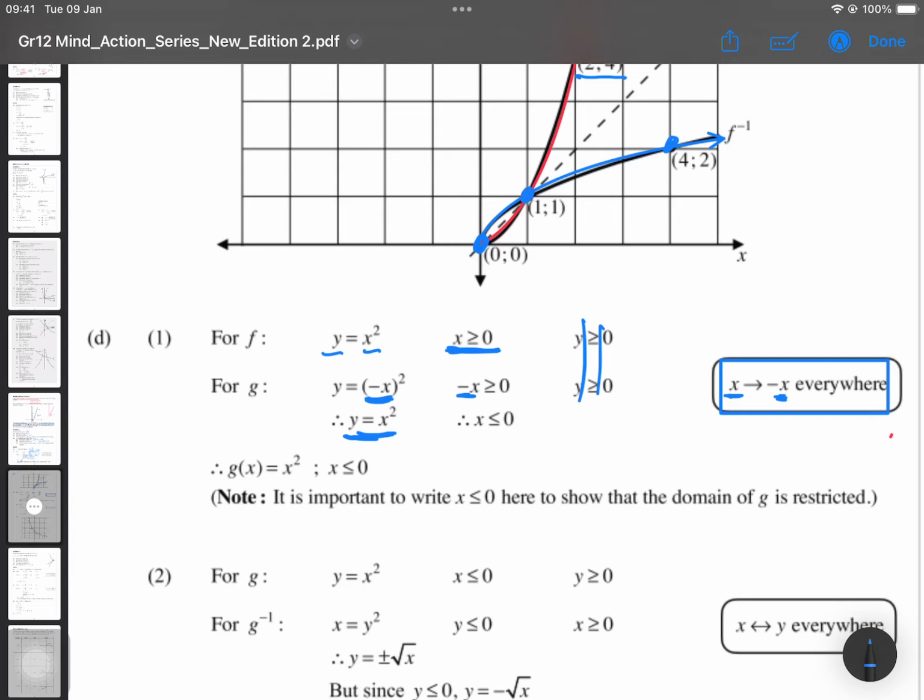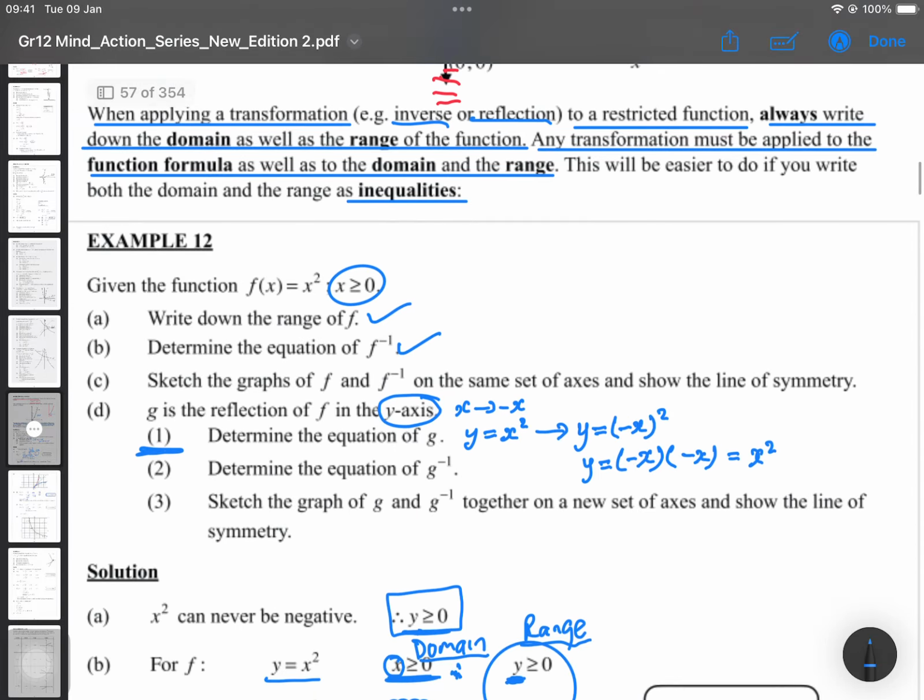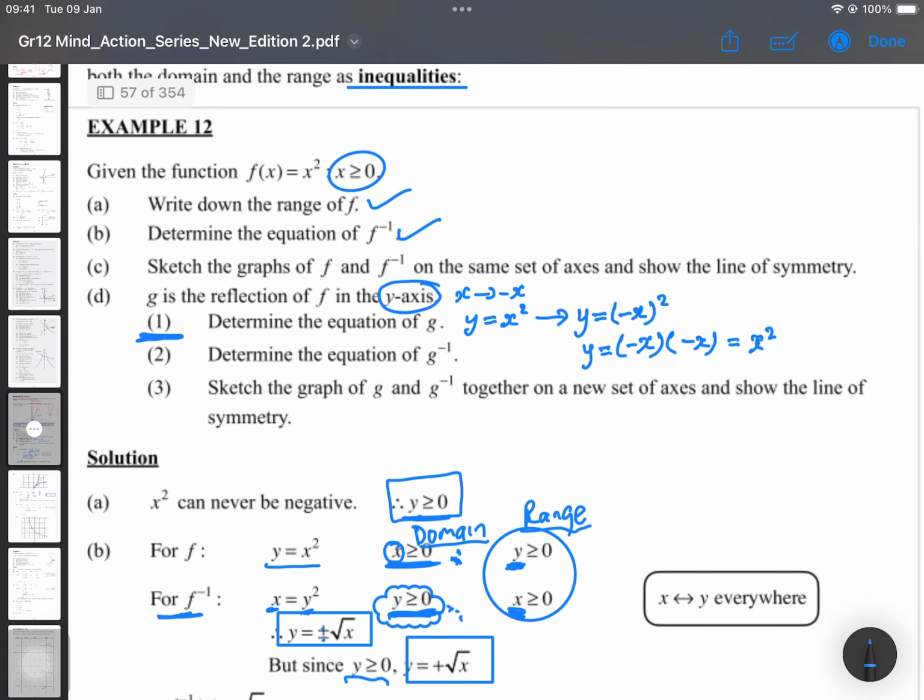So if you put negative x there, and then divide by negative 1 on both sides, the inequality sign changes direction. So now you're looking at x is less than or equal to 0. So now the restriction has changed. The equation stayed the same somehow, but the restriction changed.